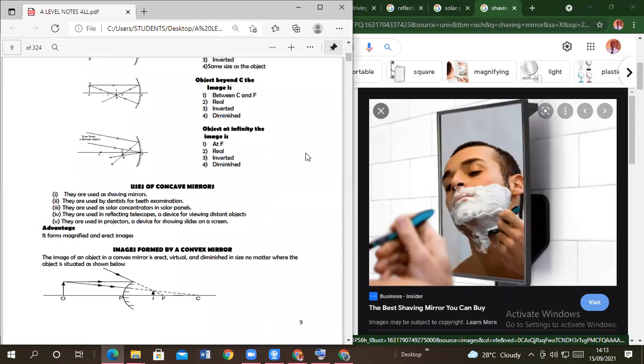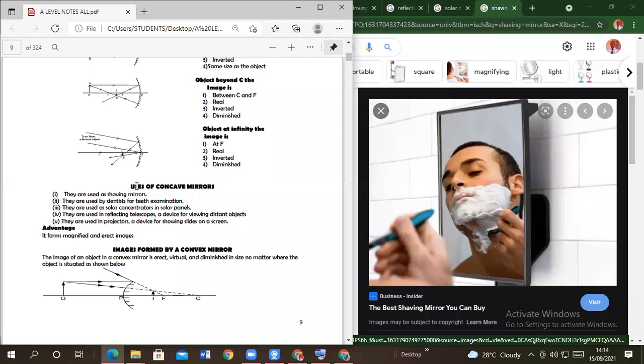The concave mirror too is used by dentists for tooth examination.